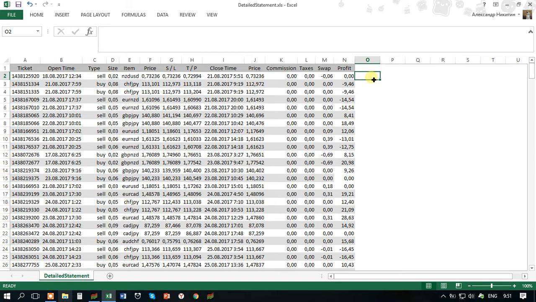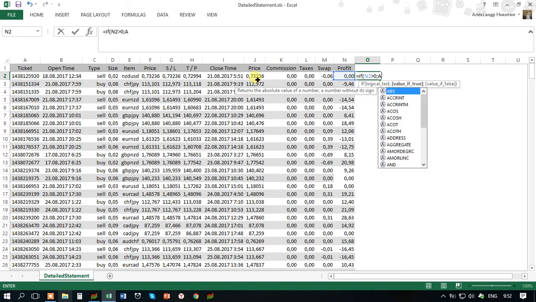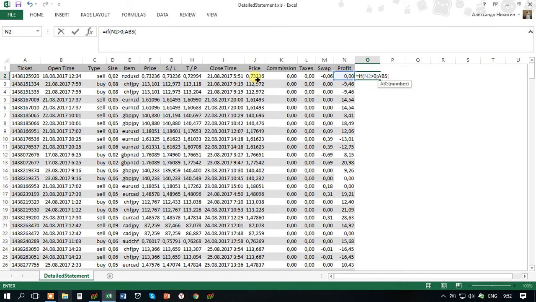So to calculate the profit in pips, I am to do this. This equals, and this way I need to type a formula. If the profit is more than 0, then calculate the amount of pips, the absolute number of closing price minus open price.